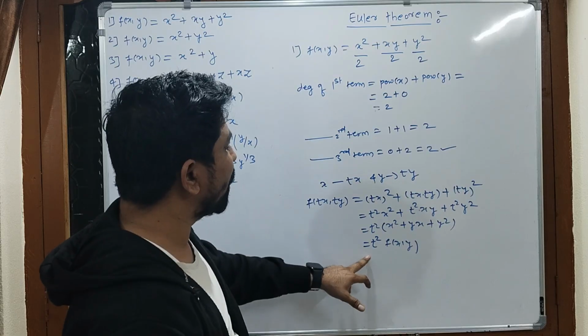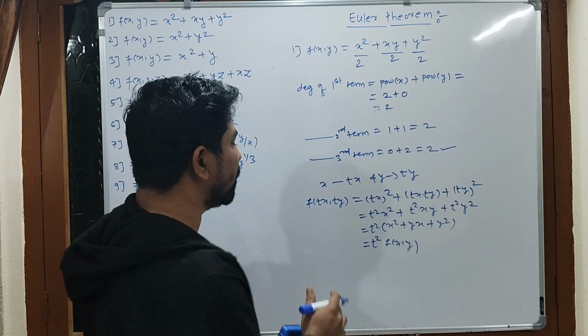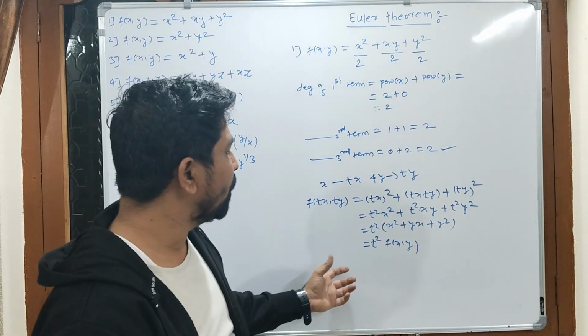So t to the power n times f of x comma y.